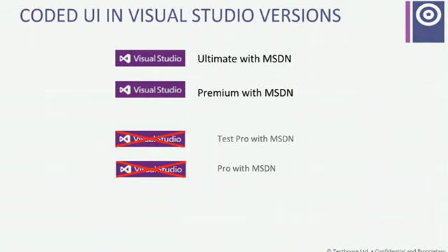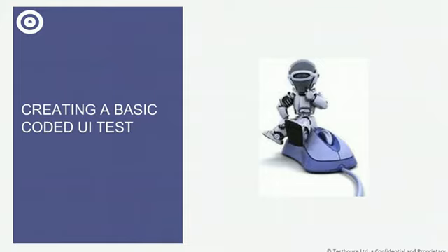I've been to organisations where it's taken months, literally, to go through a full regression cycle on a manual basis. But if you can do your coded UIs, then you can really save a lot of time and increase your release times and get your product to market much quicker.